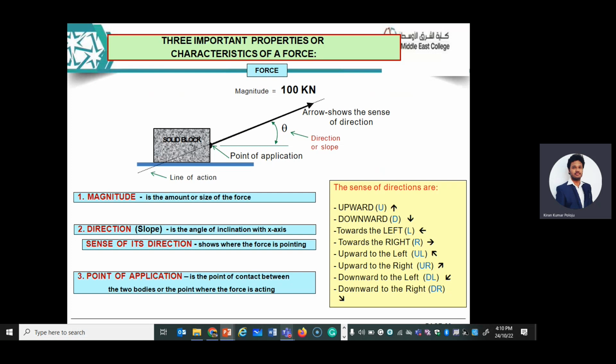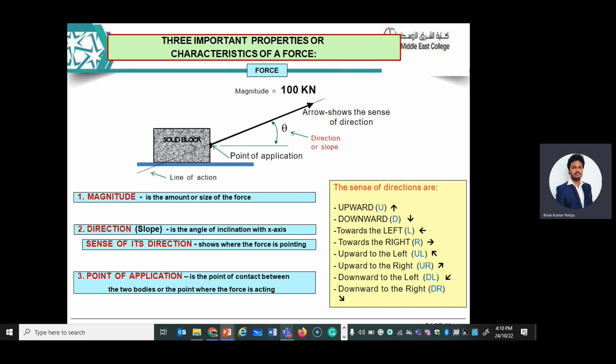Now these are the directions: upward, downward, left, right, upward to the left, upward to the right, downward to the left, downward to the right. So force can go upward, right side, downside, and left side.